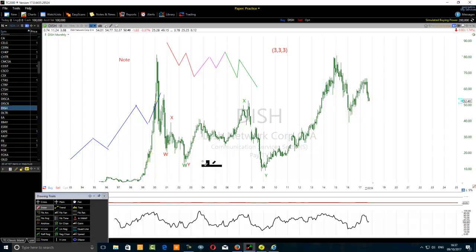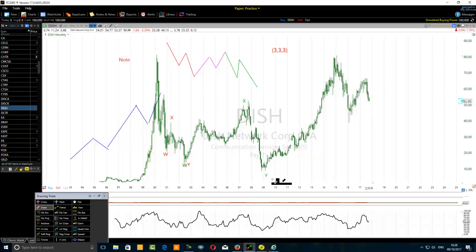Generally speaking, the free just means we have two corrective waves combined with the X wave. There is always an X when we are talking about the WXY. So I know traders will ask me in the comment section, what about double three? What about triple three, for instance?